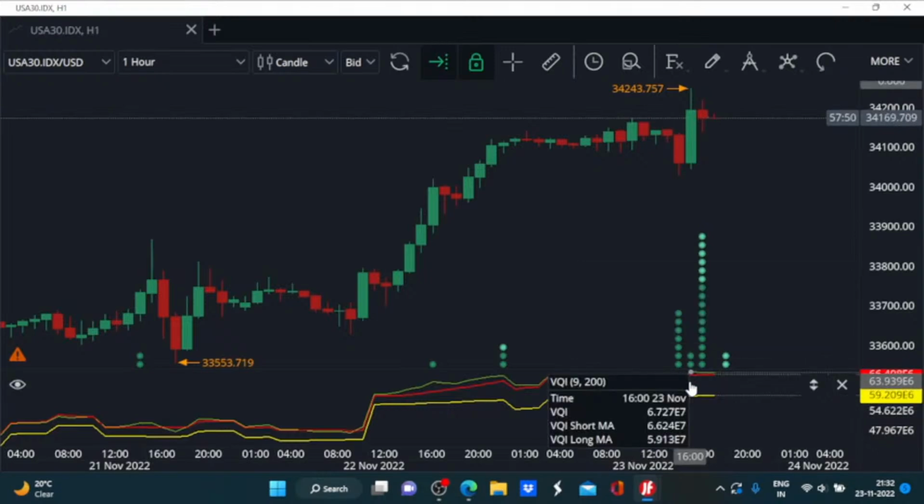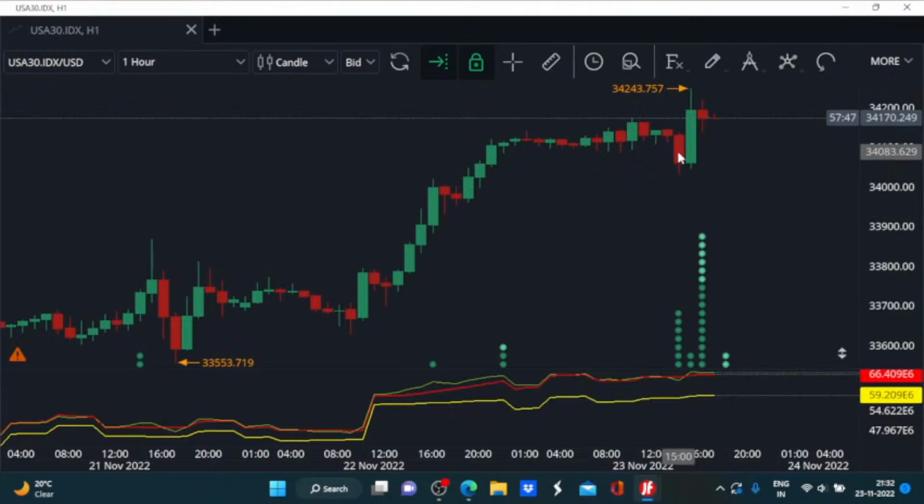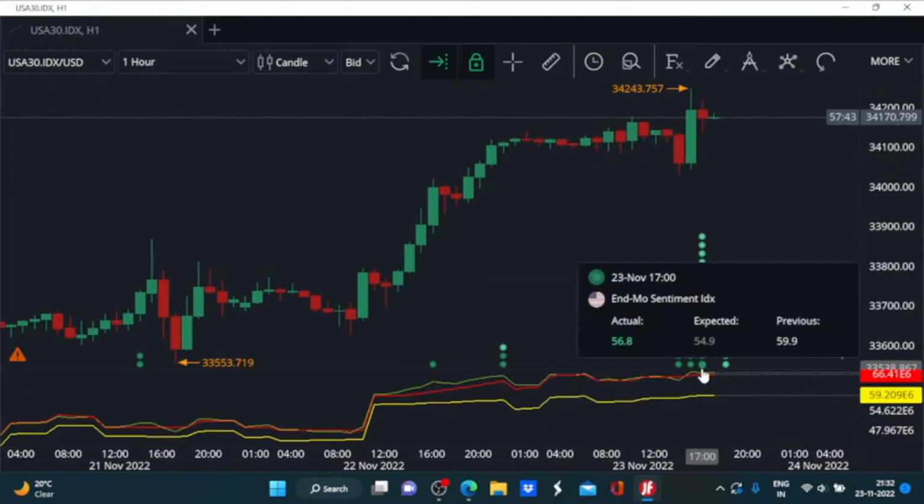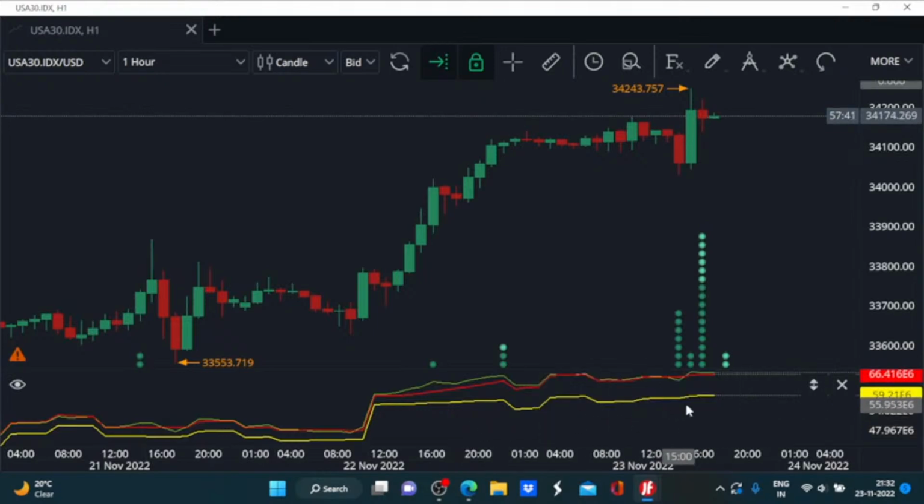After this jump on the higher side, we have the VQI crossing from the lower side to the upper side. If we look at the actual VQI output over the last couple of hours, it has been on the rise. So both these factors can be kept in mind. Whenever all the factors are in congruence, we will have a higher probability of making money.